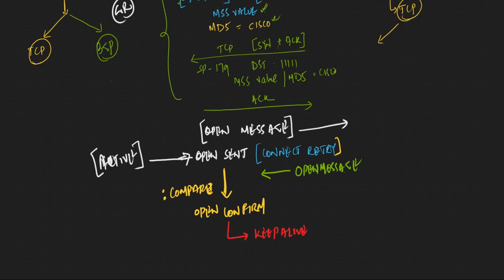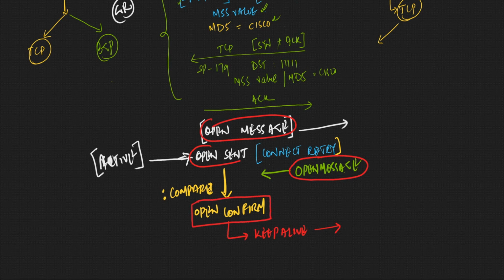Once it sends a keepalive message, that means the open message I sent and the open message I received from my neighbor match, right? SAFI values and AS numbers have been validated. Then I will transition to OpenConfirm.